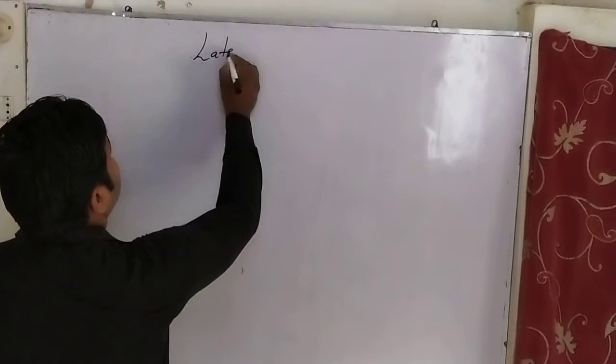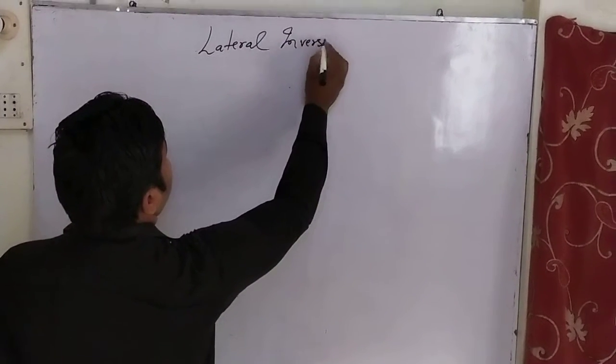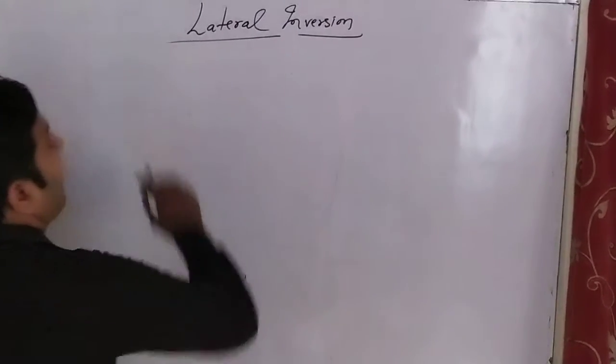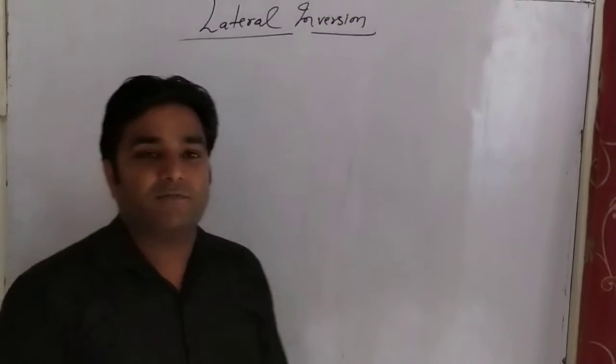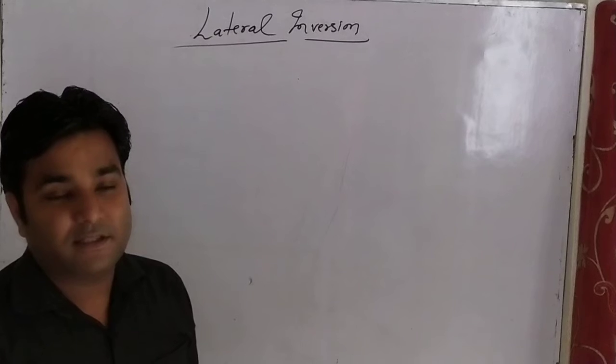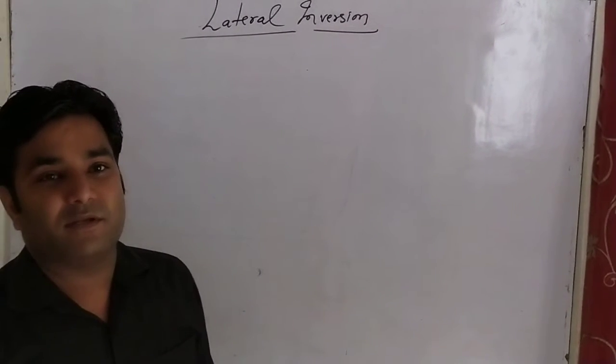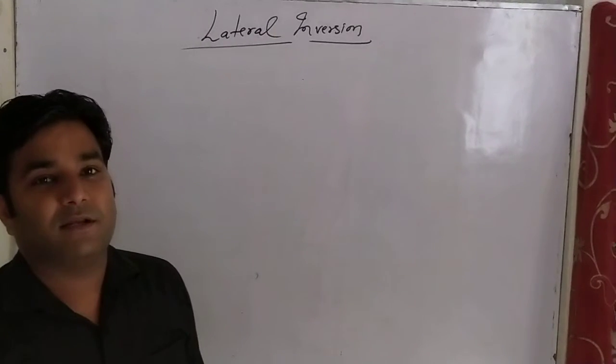In lateral inversion, suppose you are standing in front of a plane mirror and just observing your right hand, then the movement in the image found in the plane mirror will appear on the left side.